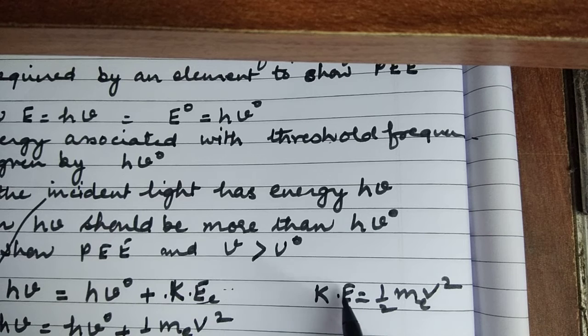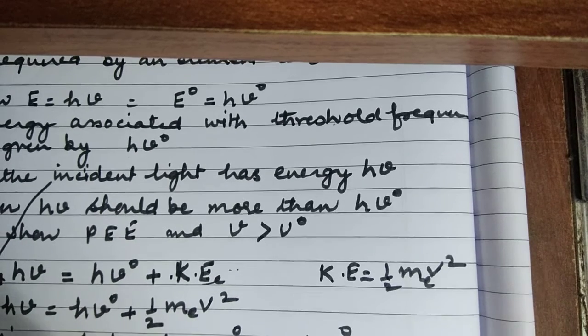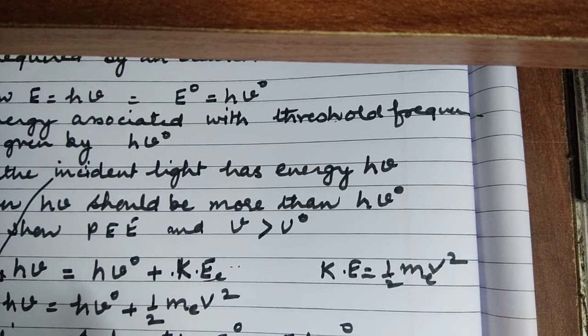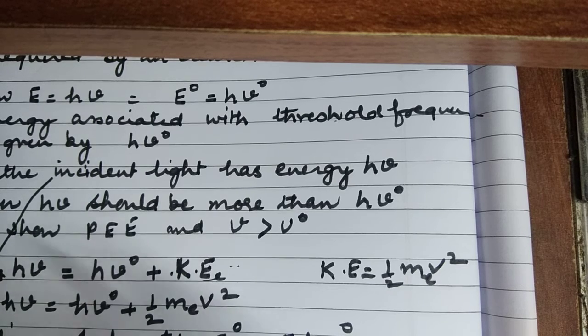Now kinetic energy has a formula half mv square. So this Planck's theory equation can be written as h nu is equal to h nu 0 plus half mv square.